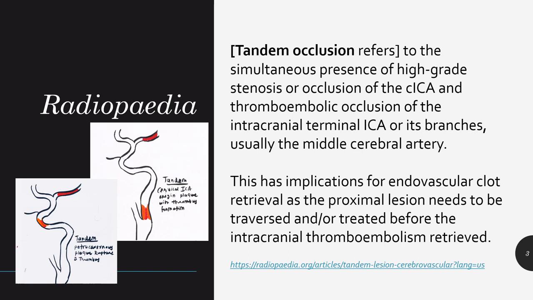Usually this affects the MCA, but in the context of this particular study, we're talking about the ICA and that T branch where it splits into the ACA and MCA. And this does have implications for endovascular clot retrieval, as that proximal clot will need to be traversed in order to access the distal clot as well.